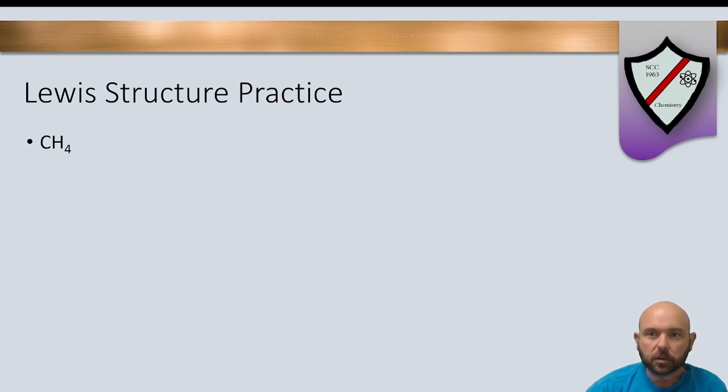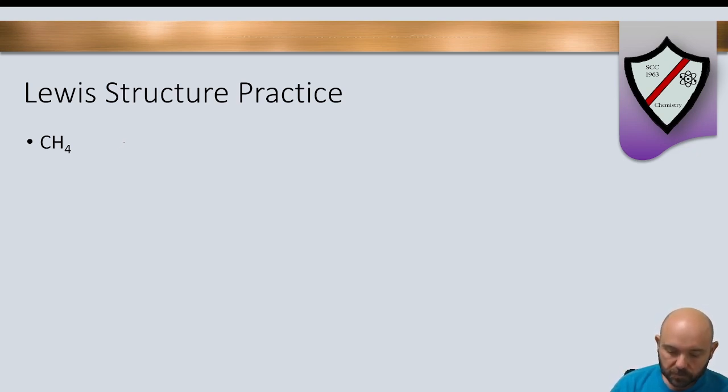The first molecule that we are going to draw the Lewis structure for is the methane molecule, or perhaps as you may want to call it, carbon tetrahydride, but methane is the more common name for this molecule, CH4. So we will follow the rules that we outlined on the previous slide. We'll start counting how many electrons we have to work with.